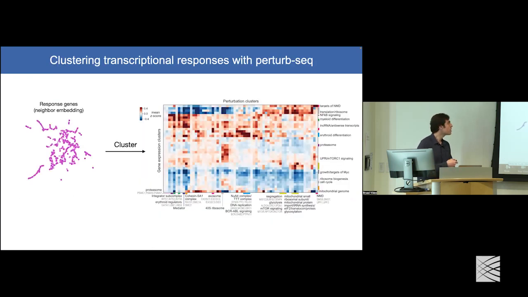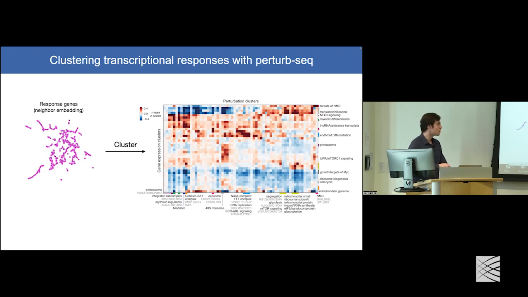And so when we do this, we do end up with nicer clusters, which we can collect with some method like a density-based clustering, and we ended up with 37 different transcriptional response clusters, about half of which we could look at and identify some clear unifying biological feature of that cluster, whether it's this cluster that is really the activation of proteasome subunits, or myeloid differentiation, or erythroid differentiation, or ribosome biogenesis.